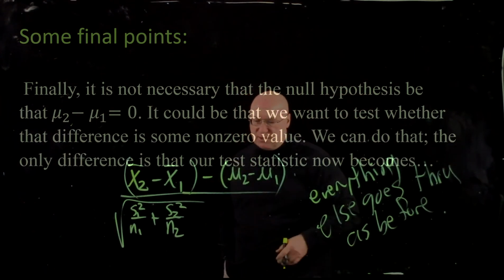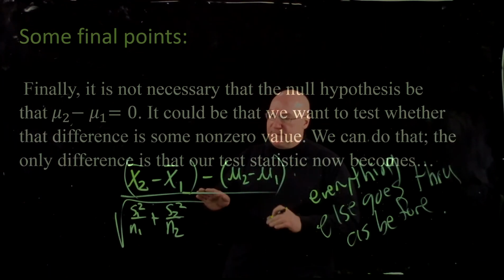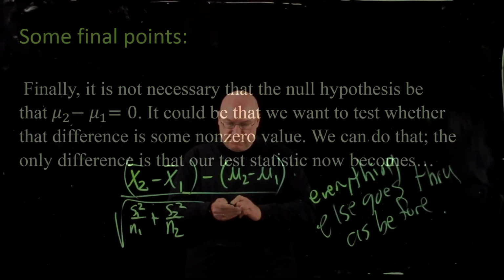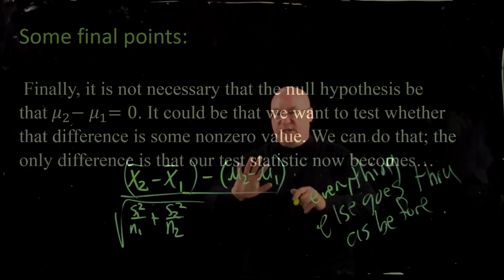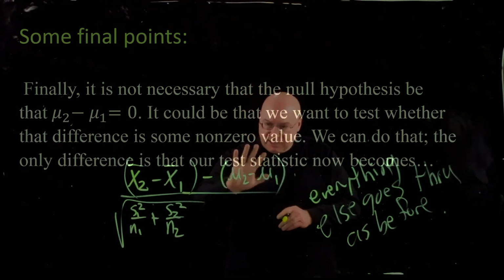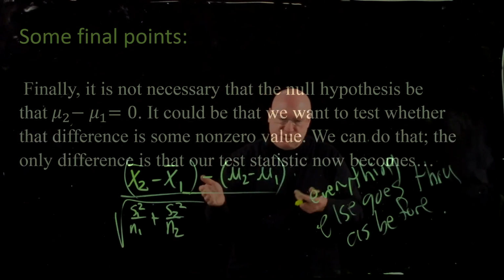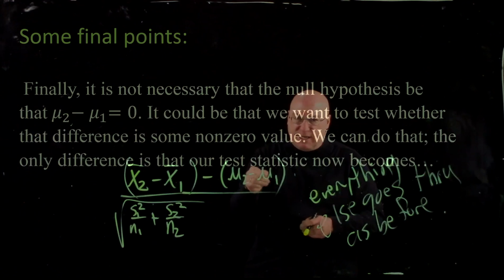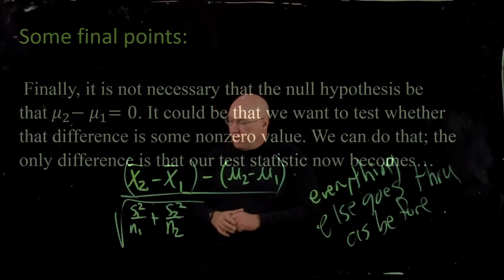I'm not going to look at an example like that because, number one, almost always you're testing whether the means are the same or not. So that is 0, and you don't worry about it. Number two, it's just not that much harder. You'd just be subtracting a difference here, whatever you think it is, 5 or 20,000 or whatever, and then you just work everything through as before.